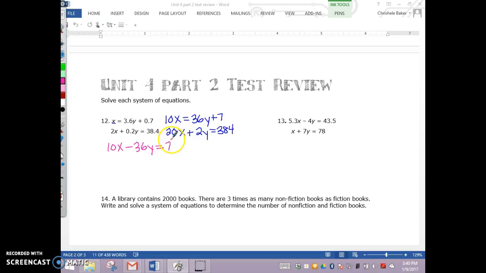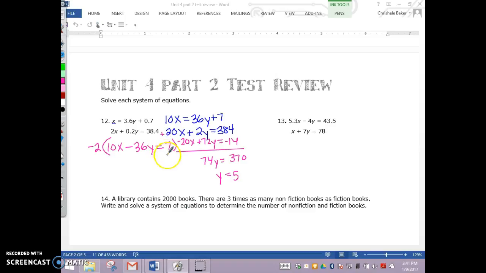And then I can eliminate my x's by multiplying the top one by negative 2. So that becomes negative 20x plus 72y equals negative 14. And then I'll add these vertically. So these are going to cancel out. This gives me 74y is equal to 370. Bust out my handy-dandy calculator, and y is actually 5.